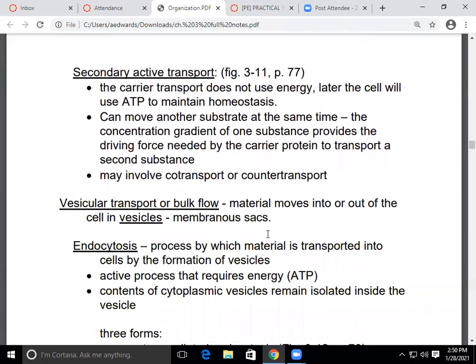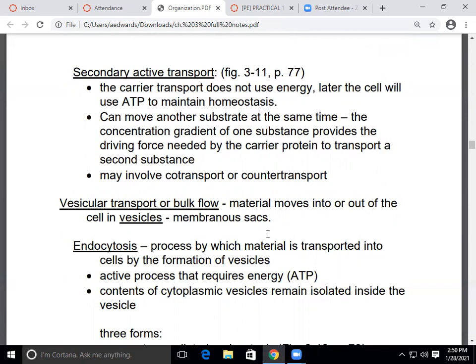Now, there is also secondary active transport, okay? So here, the carrier protein is not using energy, but there's some other process related downstream that's going to need ATP, which makes it active. And it's usually to maintain equilibrium or homeostasis. All right, so you're going to move another substrate at the same time.